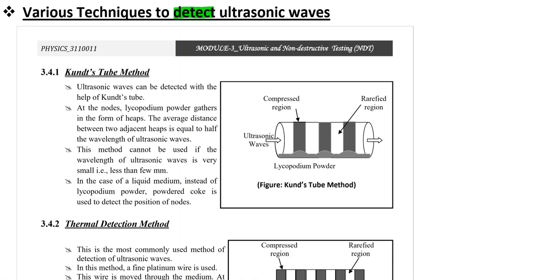Basically there are 5 or 6 detection techniques generally used in engineering physics, but out of them the Kundt tube method is the most famous technique, and it is used to detect ultrasound waves. Also it is used to determine the Young modulus of the material of the wire used in the experiment, and the velocity of the ultrasound in the given material. So let us discuss that in detail.